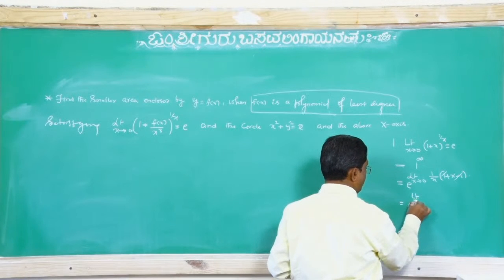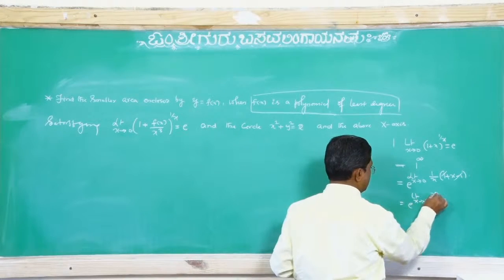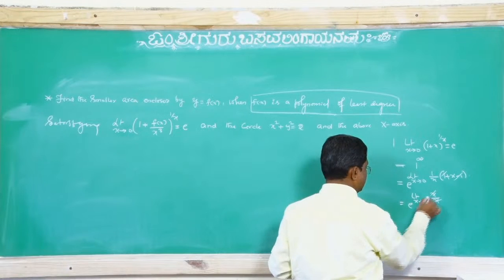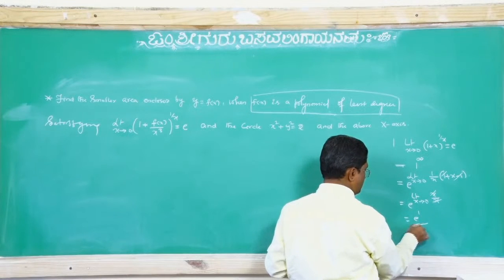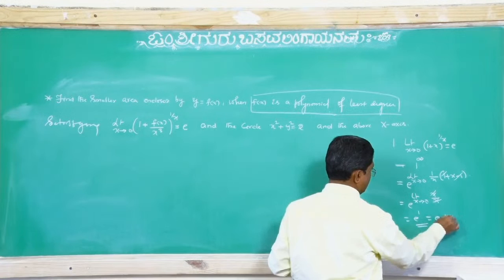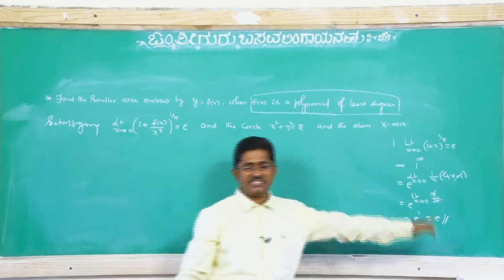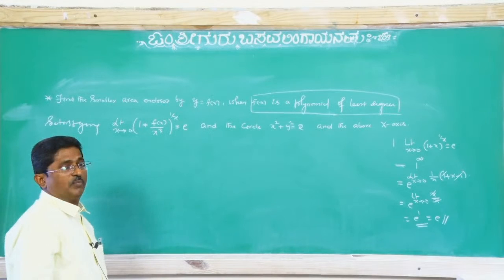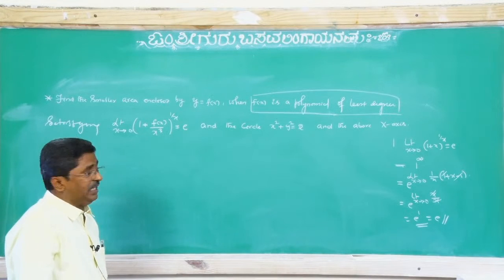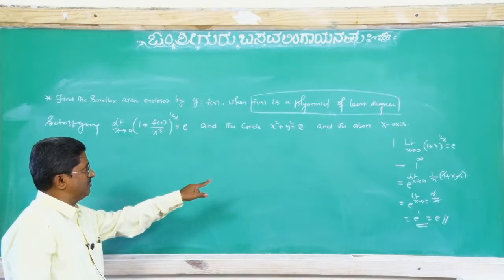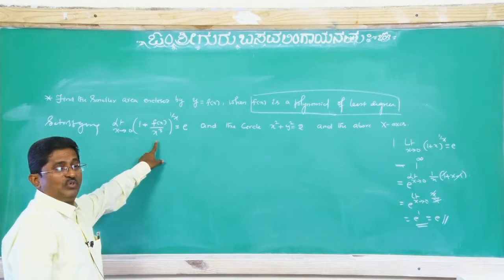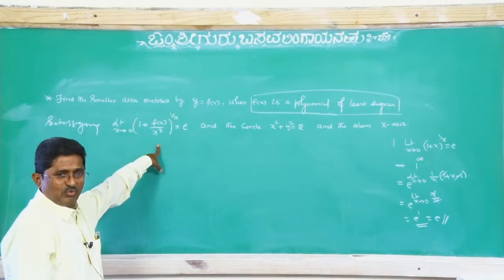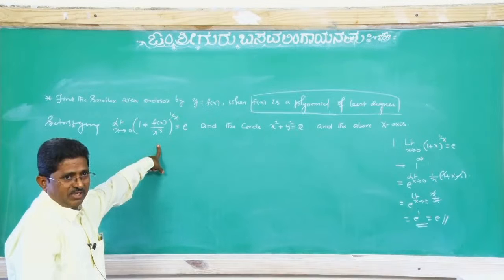E to the power of limit as x tends to 0, x by x get cancelled. Limit of a constant becomes the constant. E power 1 is nothing but e. That is the practical proof of (1 plus x) whole power 1 by x is equal to e. If you know this concept, at least you can start the solution, otherwise you cannot start the solution. Now come to the point.